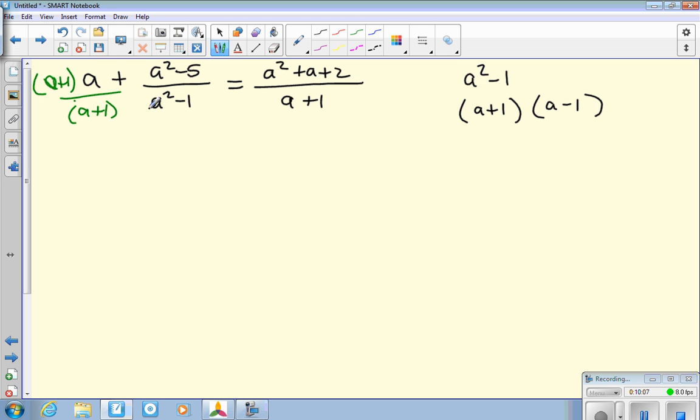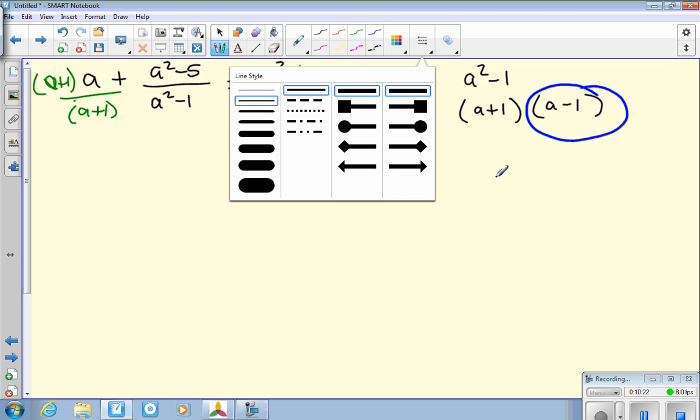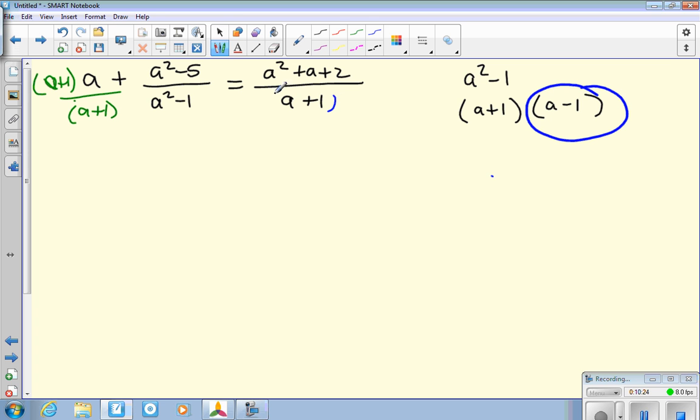This one already has an a plus 1 in it, and this one already has an a plus 1 in it. But if you notice, since this factors out to a plus 1 and a minus 1, I also have to consider that every term needs an a minus 1 in it, which means that this right-hand term needs to be multiplied by a minus 1 up top and in the bottom. And this left-hand term also needs an a minus 1.